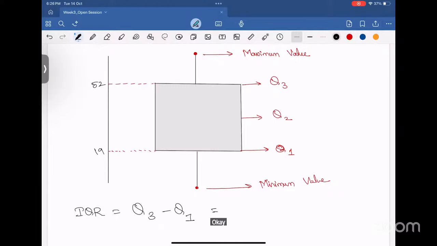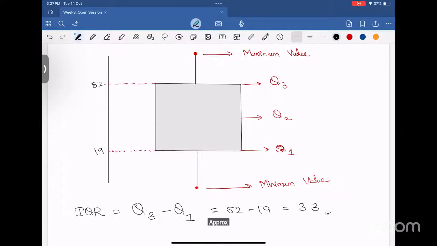So 52 minus 19 is somewhere around 33. Now you see the options: 25, 33, 19, and 68. So 33 is the approximate value of the interquartile range.